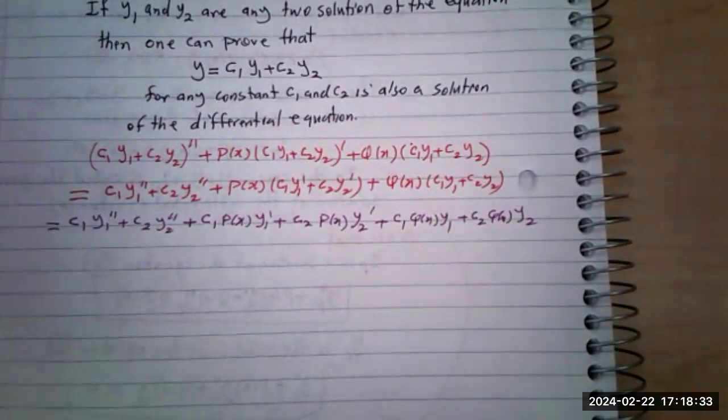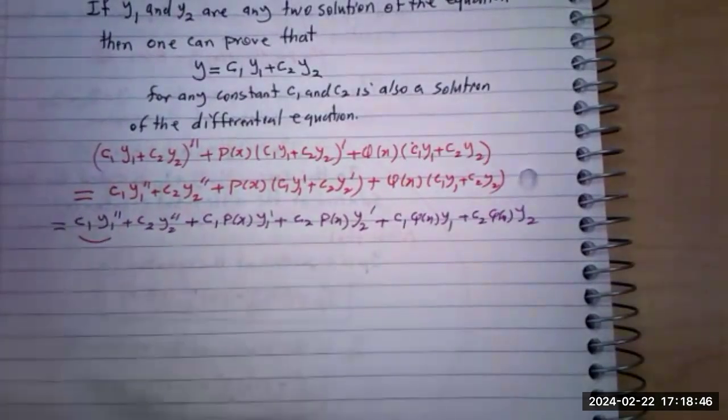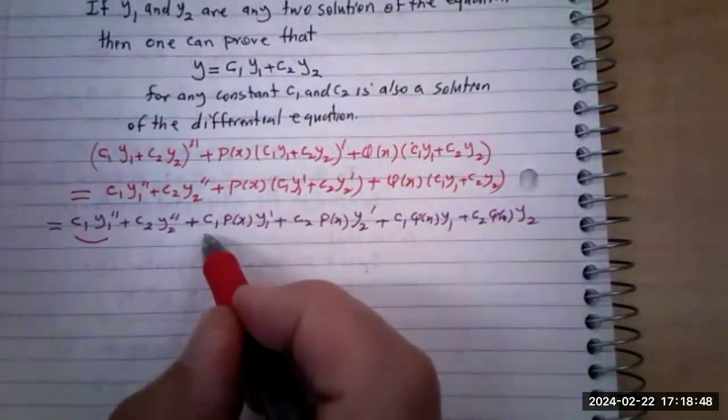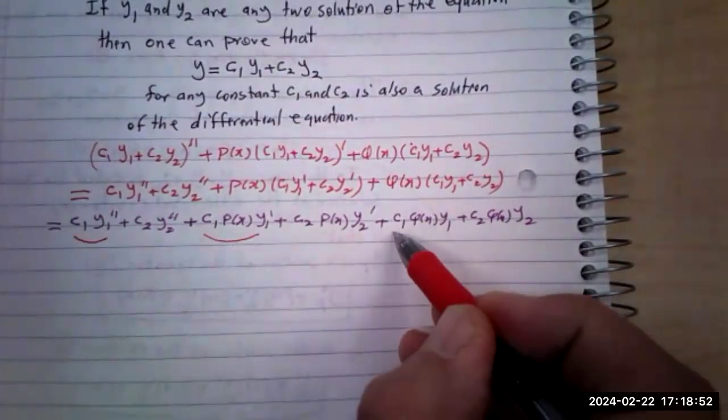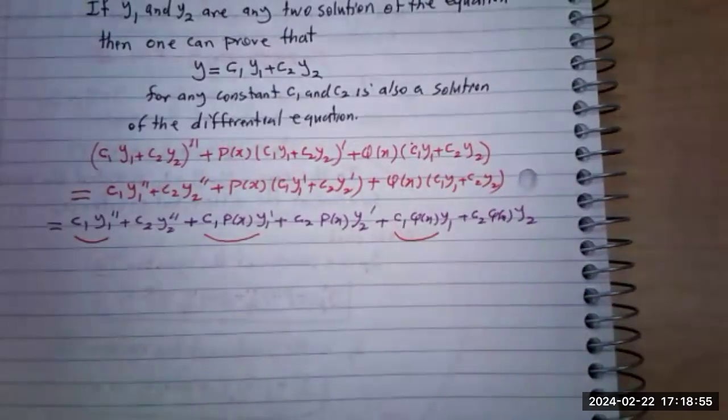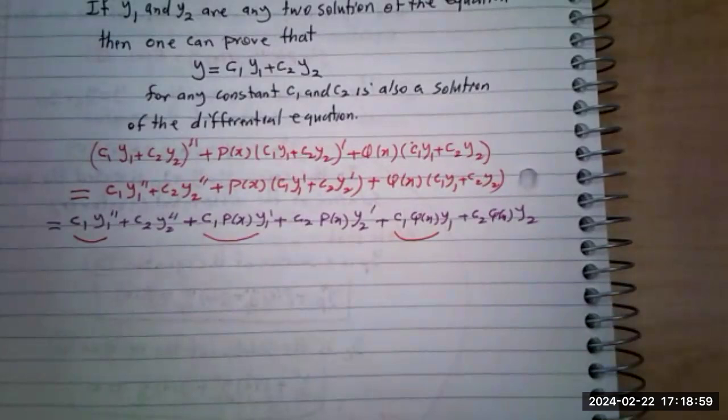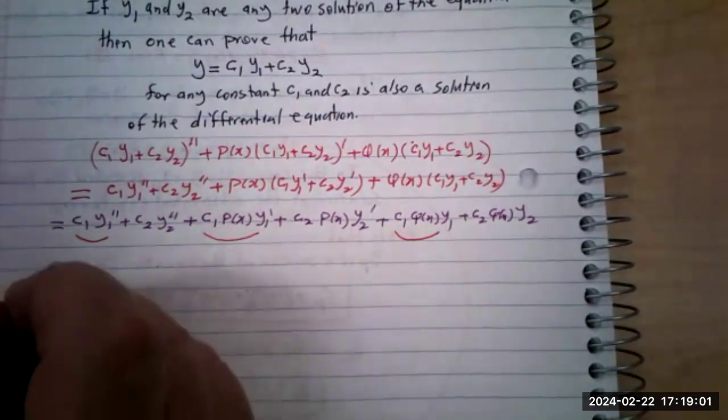Now put the y1 terms together and the y2 terms together. Maybe I have to prove it's 0. Look at what we have. Look at the y1 terms. You have one here, and one here, and one with the Q. From this group, factor out the C1. What's going to be the result?